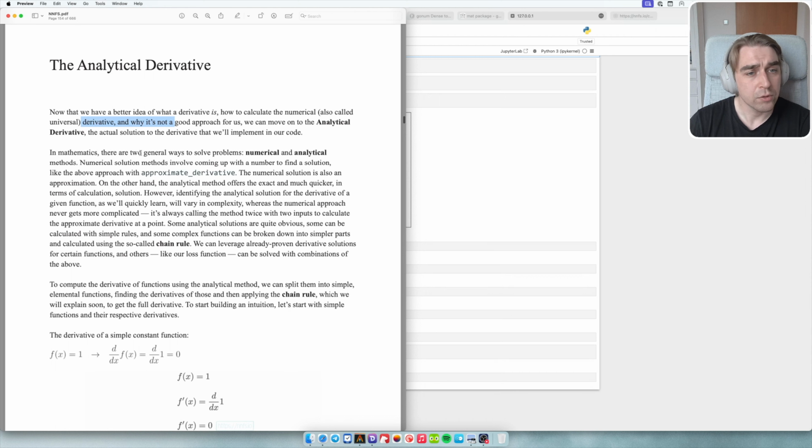In mathematics, there are 2 general ways to solve problems: numerical and analytical methods. Numerical solution methods involve coming up with a number, finding a solution like the above approach. The numerical solution is also an approximation.